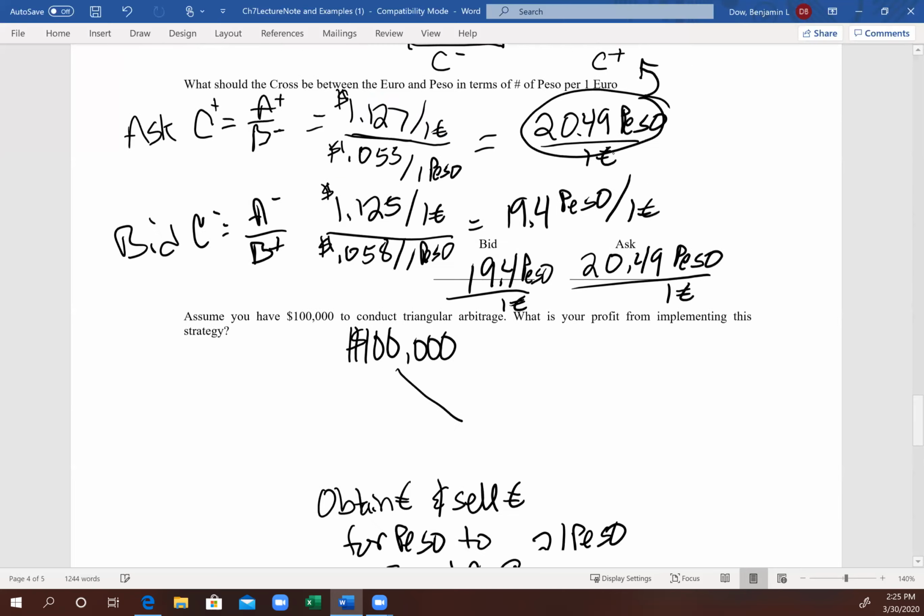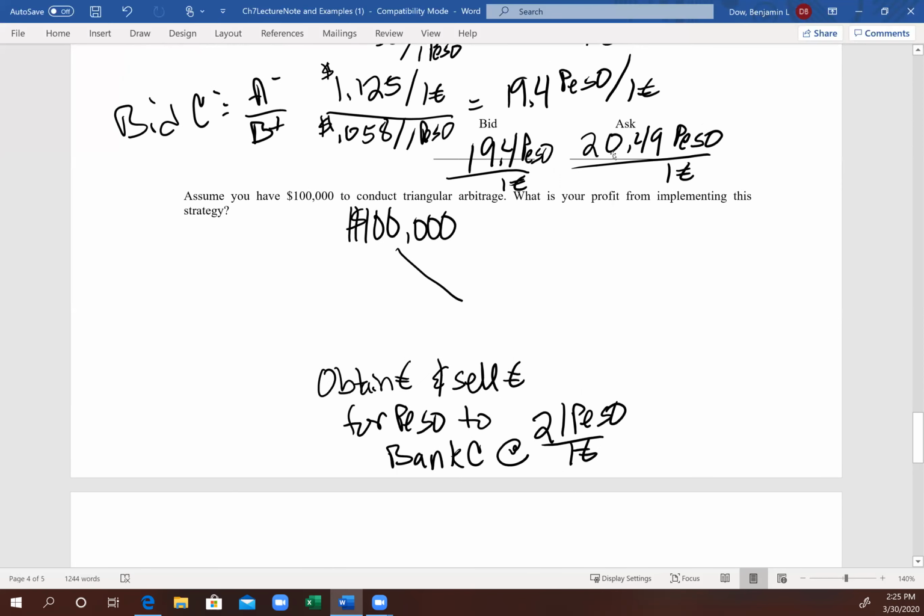Okay, so I put a box around the rate that they're actually willing to buy euros from us with pesos.